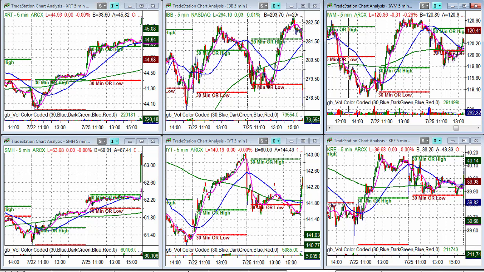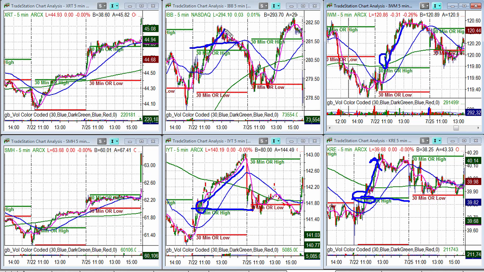You can see the IWM had a big breakout that continued higher. Look at how all the market indexes, or all the market watch, reacted to their opening range. KRE's moved higher. IYT's moved higher.